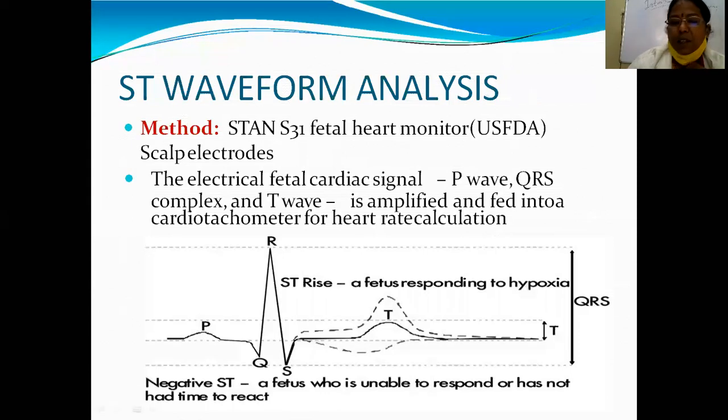This is a newer method. ST waveform analysis, monitor approved by the USFDA, with a scalp electrode. It involves a combination of fetal heart rate interpretation with CTG and analysis of the fetal ECG. Mainly the fetal cardiac signals, P wave, QRS complex, T wave, are amplified, and along with the fetal heart rate calculation, ST segment changes are seen.